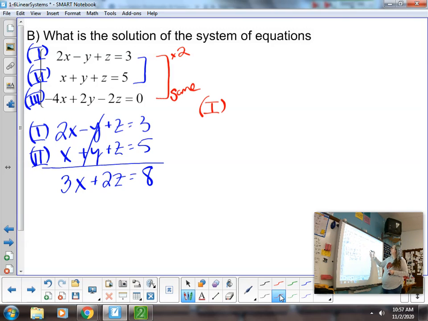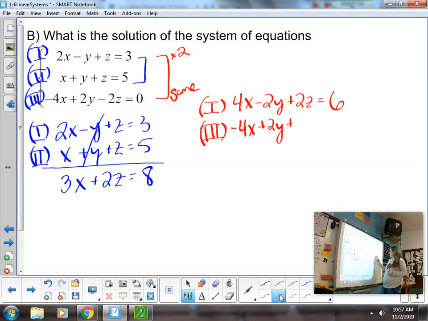So number 1 is going to become 4x minus 2y plus 2z is equal to 6. And then equation number 3 is negative 4x plus 2y minus 2z is equal to 0.